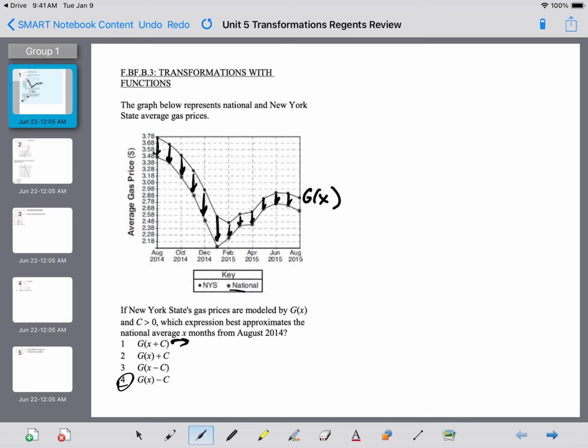This would be to the left c units. This would be up c units. This would shift right c units. And then this is shifting down c units. These are all translations.